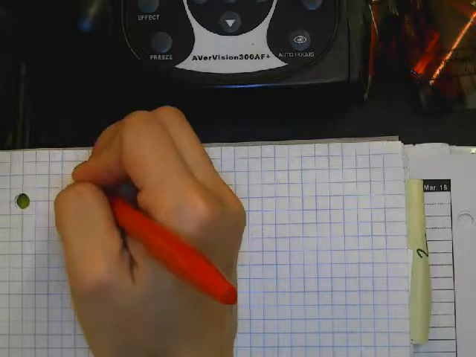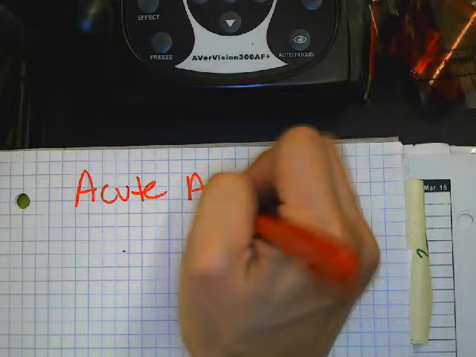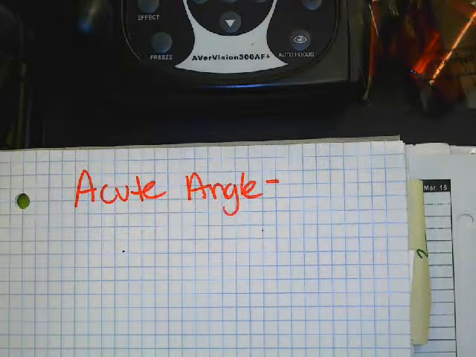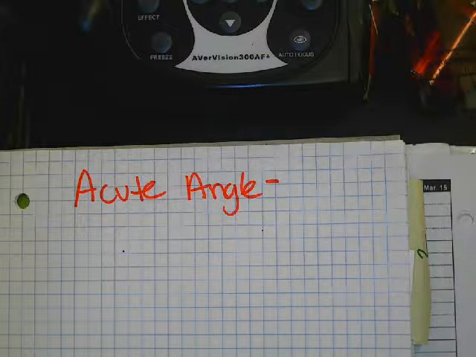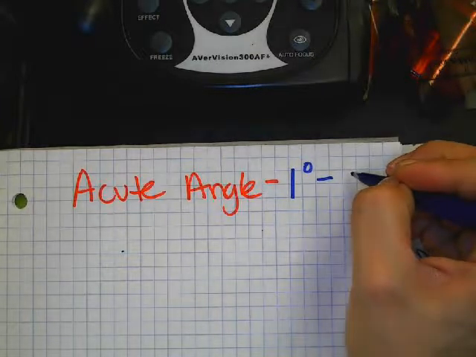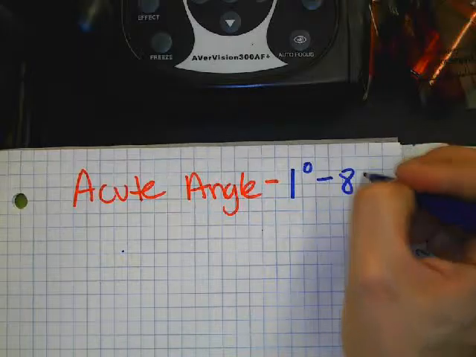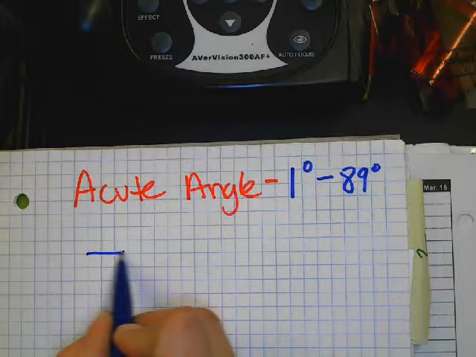Next one is called acute angle. So smaller than 90. So between 1 degree and 89. Good. So we're going to start off with drawing a line.